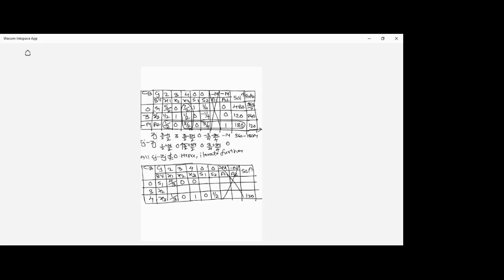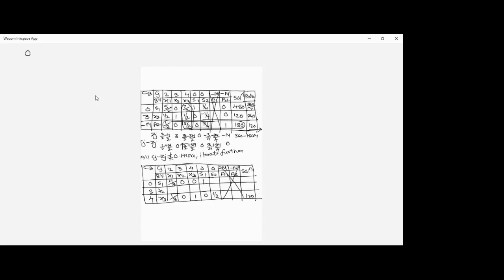Here it will be 1 minus 0 into 7 by 2 divided by 3 by 2. So it will be 1 only here. Next it will be 1 by 4 minus 3 by 4 into 7 by 2 divided by 3 by 2.